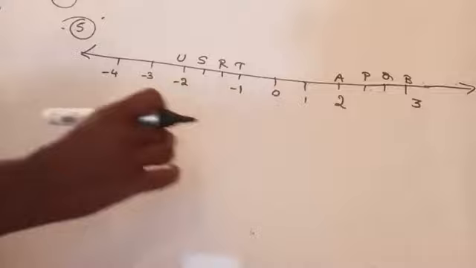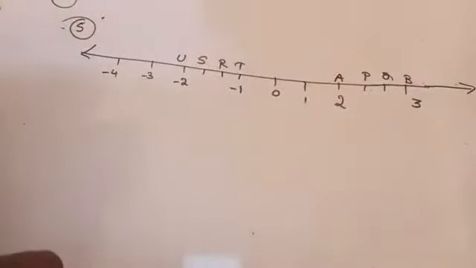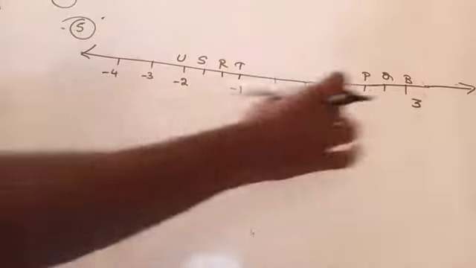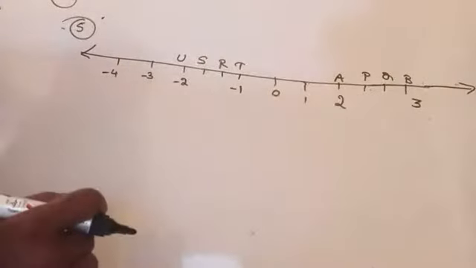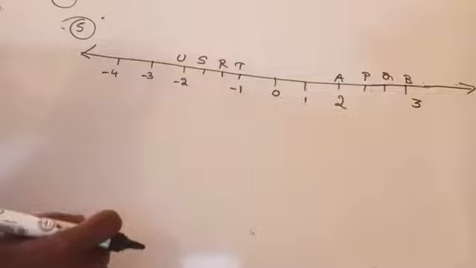The distance between A and B is 1 unit, because A and B are at 2 and 3. Am I right here? Now, this 1 unit is divided into how many parts? 3 parts.